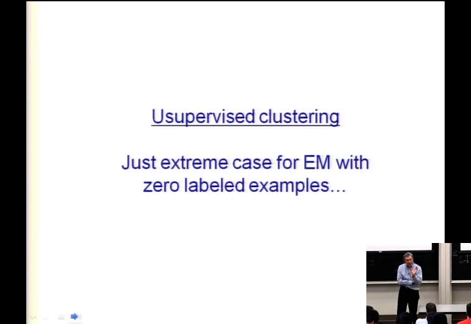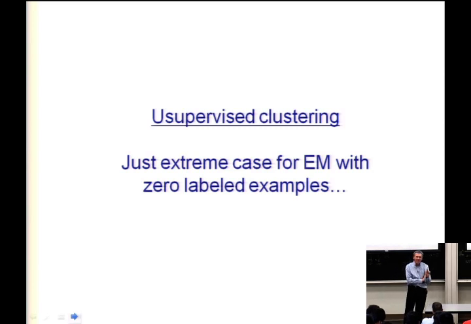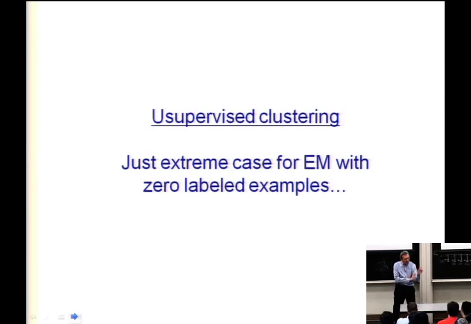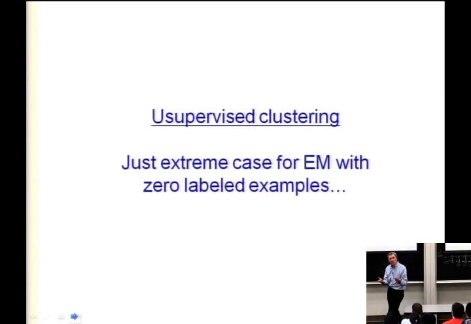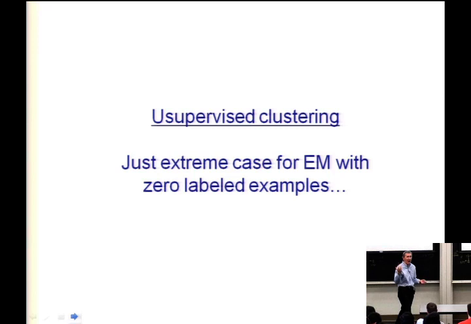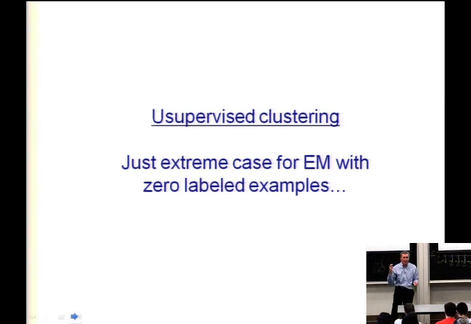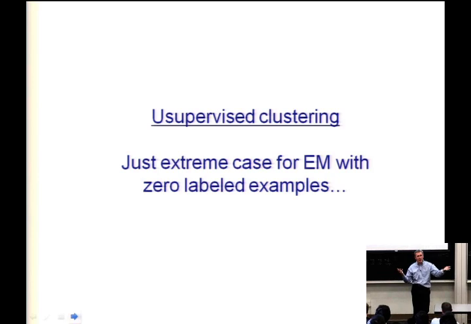Let's maximize the expected likelihood of the data, where that expectation is taken over the probability distribution on the unlabeled variables given the labeled variables. And then the EM algorithm does exactly that. In fact, it's guaranteed to reach a locally optimum value of theta that locally maximizes that objective.